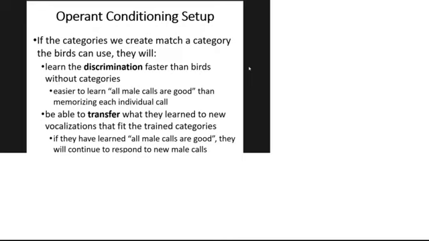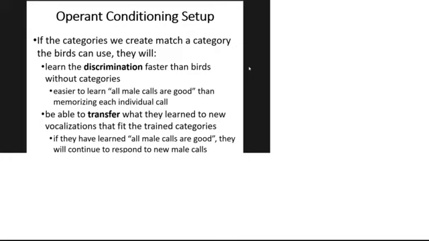And we say, okay, how do you treat these new calls? Stuff you've never heard before. And if they still respond to the female calls like they're good and getting them food, and they still respond to the male calls like they're bad and the lights are going to turn out, then we would say, yeah, they've probably formed a category.